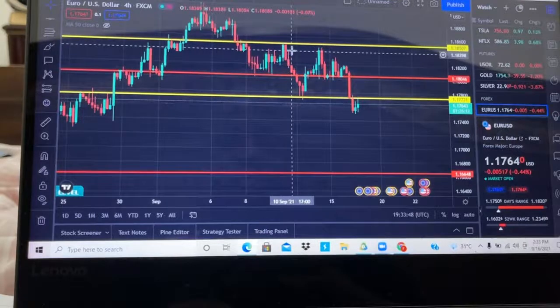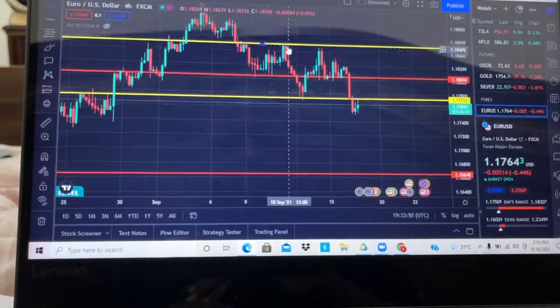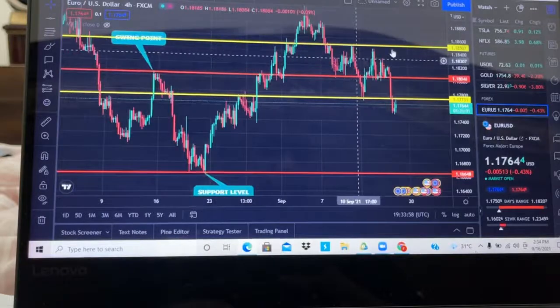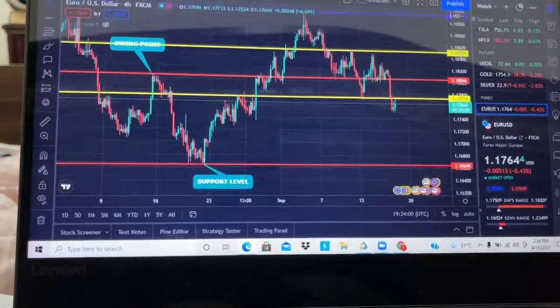So to reduce the confusion, we will be mainly using the 4 hour time frame. And always remember that.